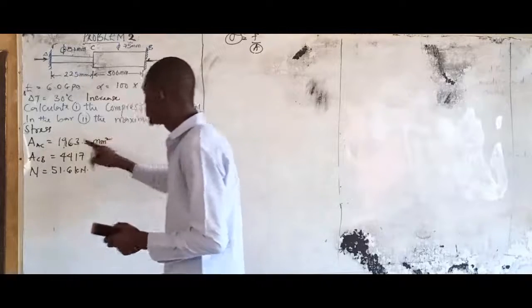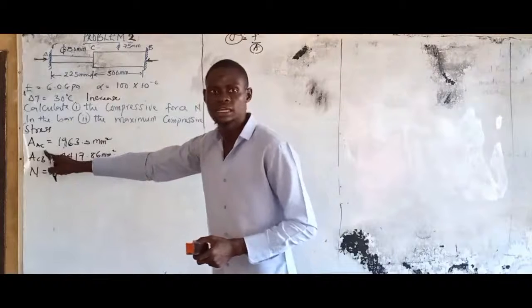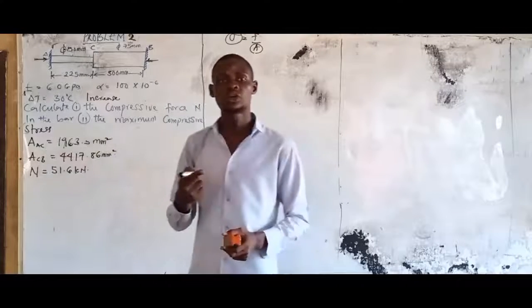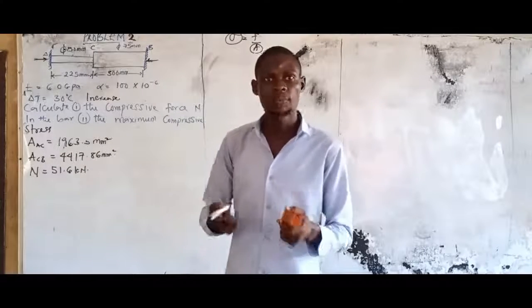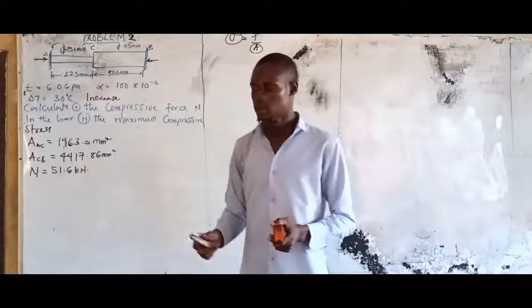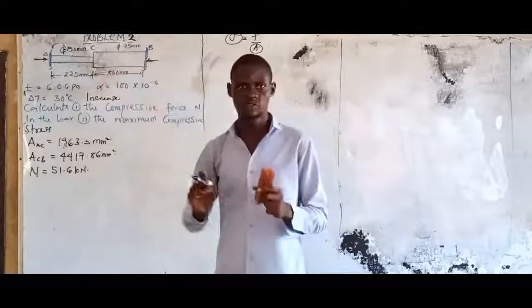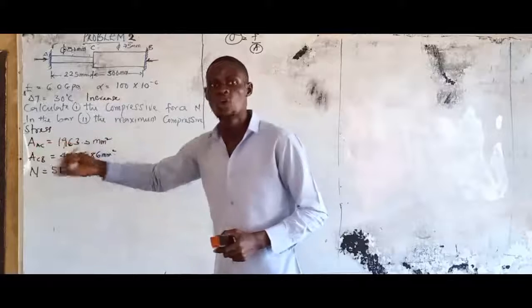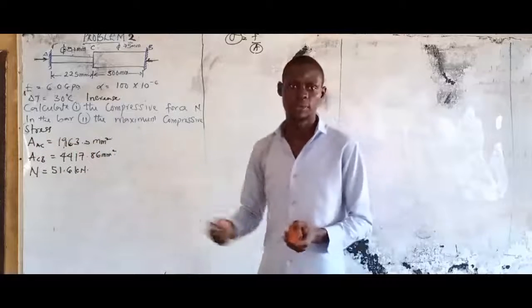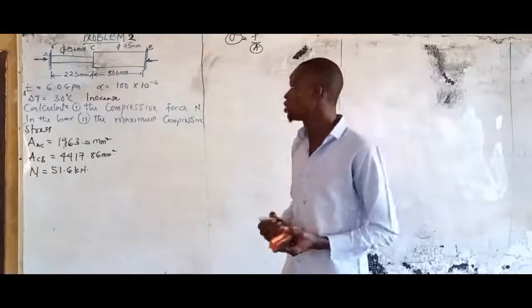It simply shows from the area that AC will be subjected to higher compressive stress than CB. Don't forget that both of them will be subjected to compressive stress, but the stress of AC will be more than the stress of CB.